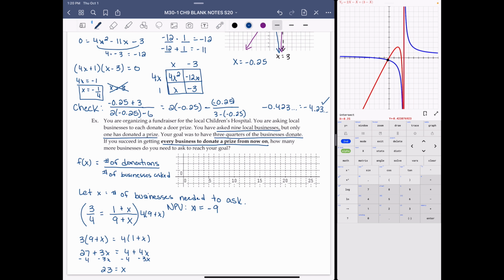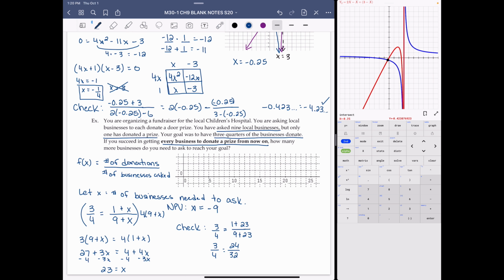So let's plug it in to our function and see if the left side is equal to the right side. 3/4 equals (1 plus 23) over (9 plus 23). 3/4 equals 24 over 32, because 23 plus 9 is 32.